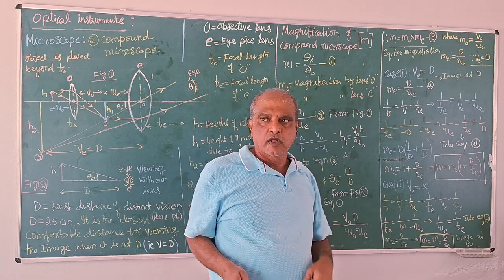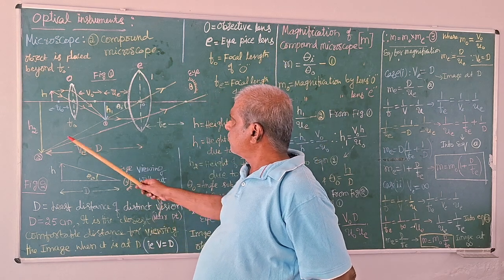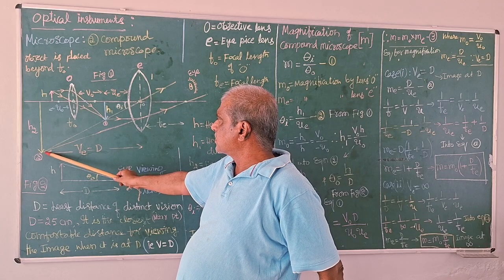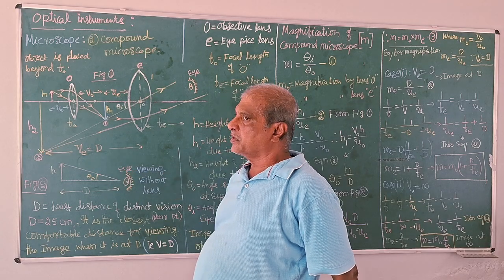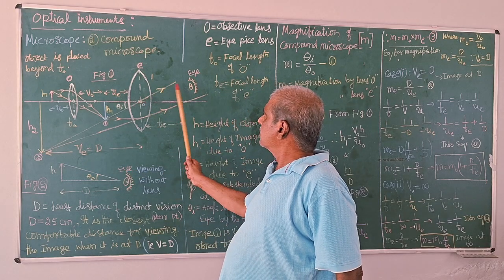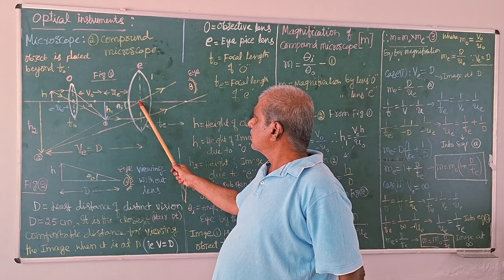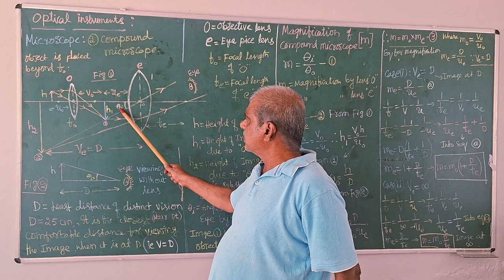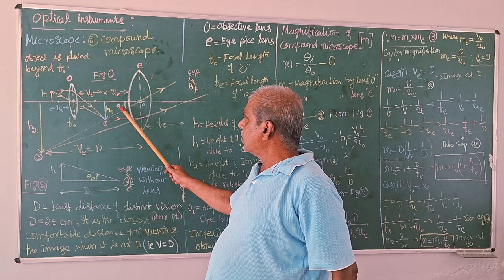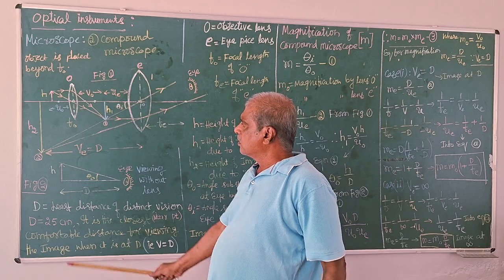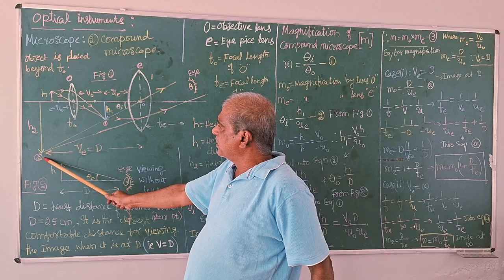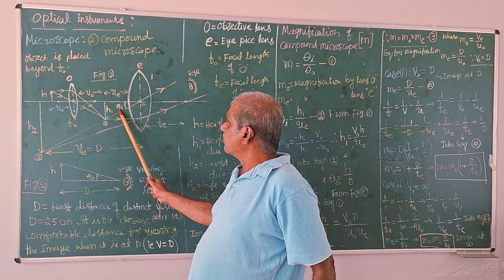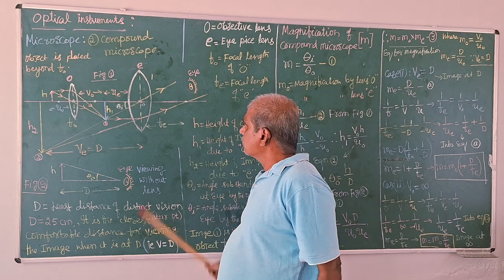It is the angle subtended by the final image, that is a magnified image, the height of the image at the eye. That angle is theta I.